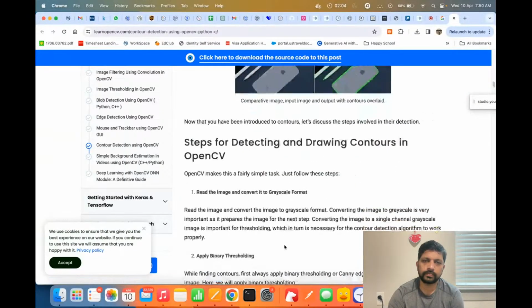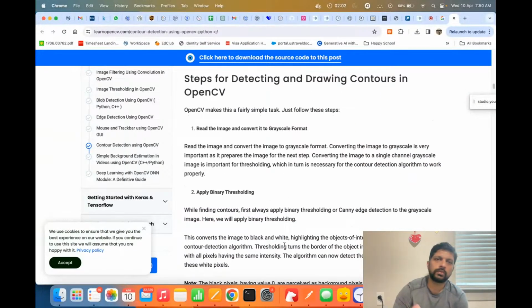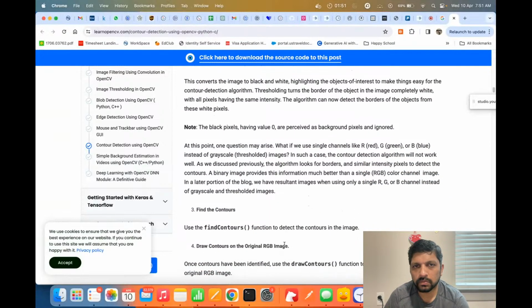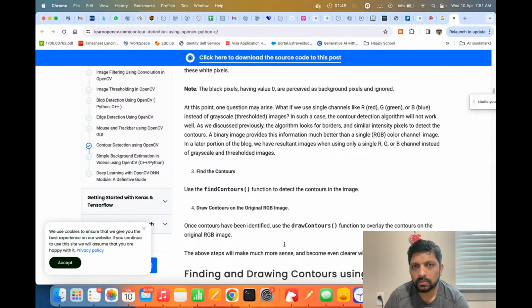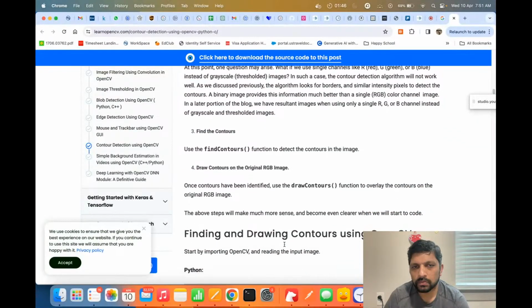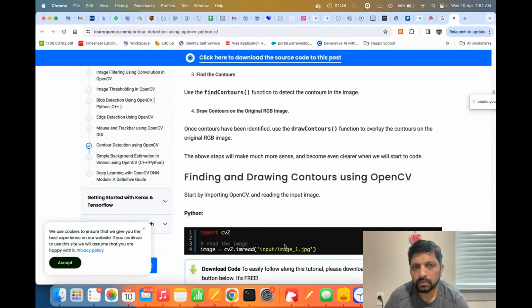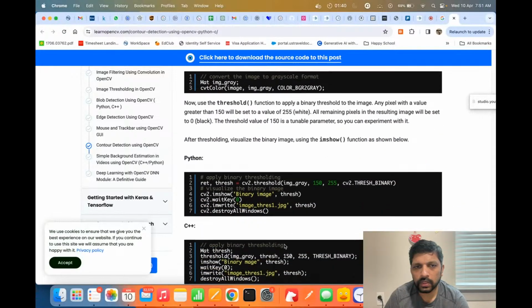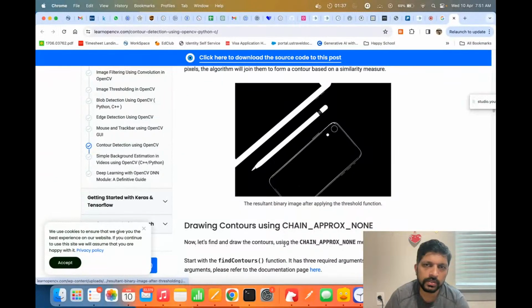Okay. We'll convert into grayscale format. He didn't explain; he gave methods. Binary image after applying the threshold function. Okay.